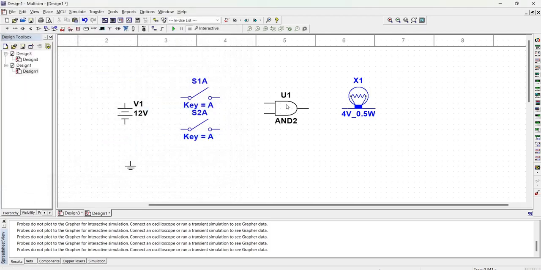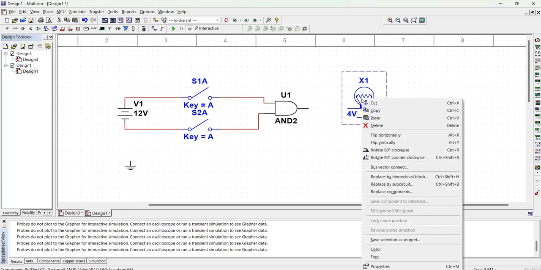So now let's do the building of this circuit. We have one input here, we have another input here, then we have our source of volts.